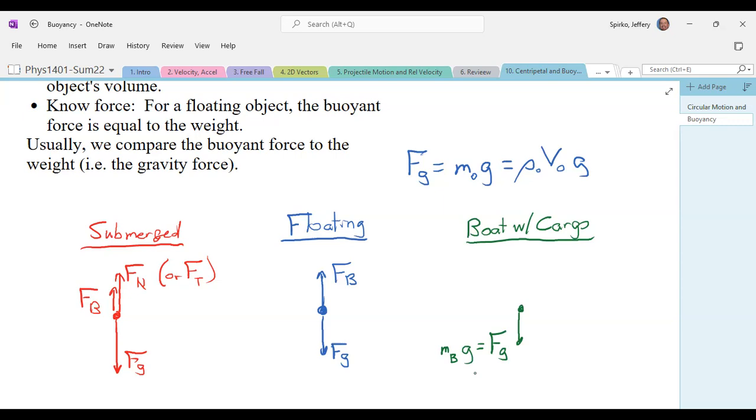But this boat has cargo. So what's the cargo do to the boat? It pushes down. I know this because the cargo is sitting on the boat feeling an up force from the boat. So a traditional name for this is load, F sub L.